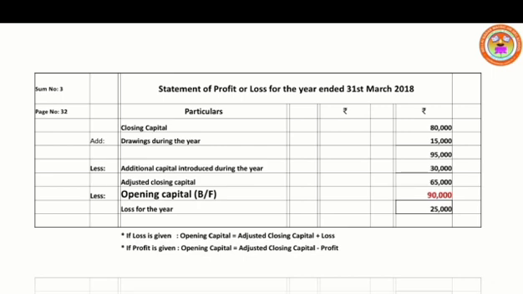So adjusted closing capital 65,000, loss 25,000. Add these two amounts to find opening capital. So 90,000 we got. Fill that in the missing figure column. The amount which we are getting is called opening capital. Inside the bracket we should write balancing figure.